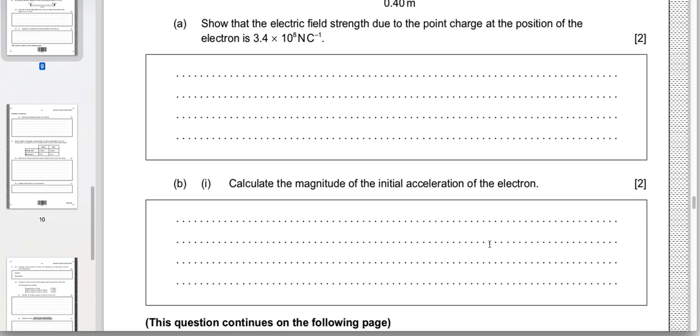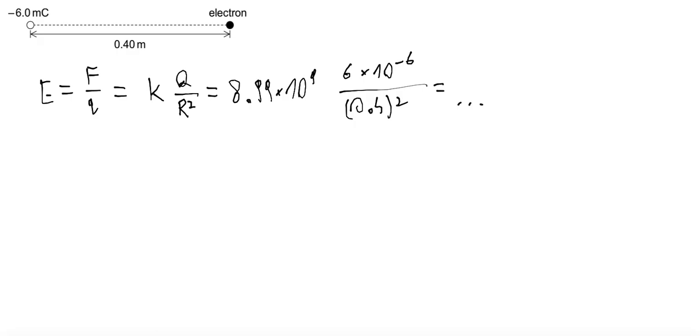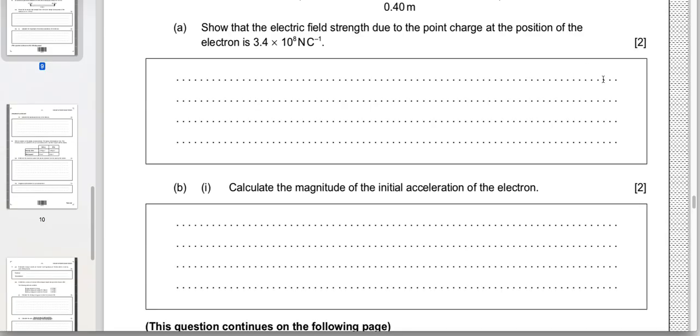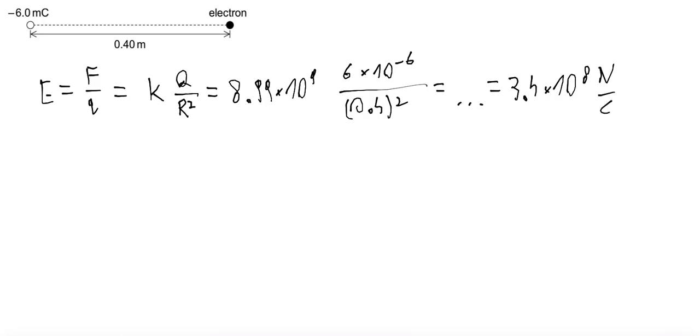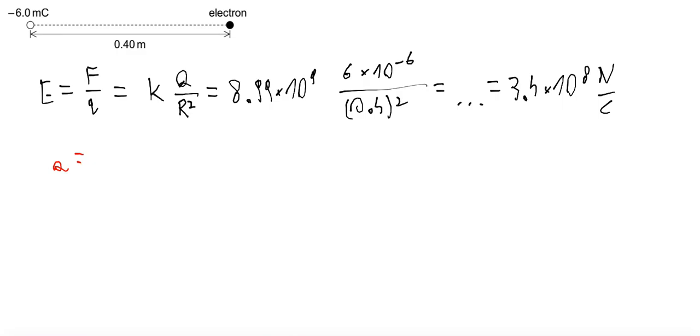You have to find the magnitude of the initial acceleration of the electron. If this is given, 3.4 times 10 to the power of 8 newtons per coulomb, how to find the initial acceleration? Initial acceleration is force over mass. And what is the relation between force and electric field?